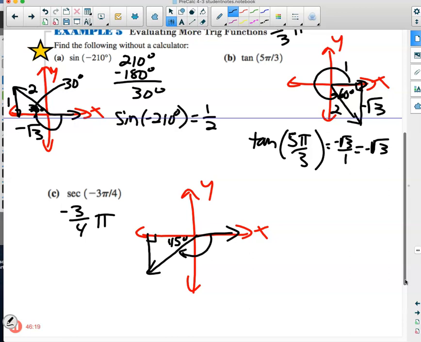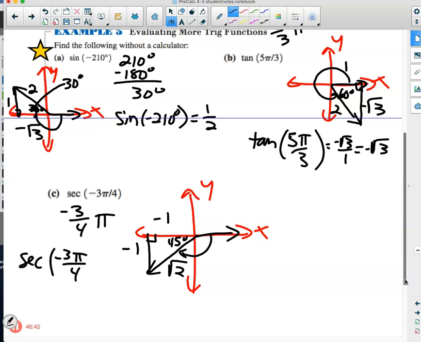All right, I never am good at starting the song halfway through. That's 45, 45, 90. These are easy to name, for it's 1, 1, square root of 2 in the triangle game. Again, let's get our negatives on there. Left, negative. Down, negative. The only thing that's positive is our r value there. And then we're supposed to find secant.